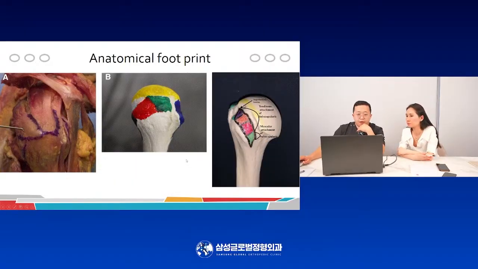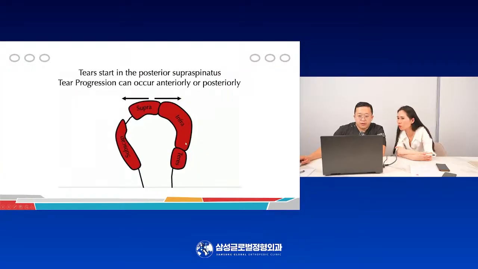So if you have some muscular weakness, a doctor worries about your tendon state, okay? As we see, there is a lot of color covering the humeral head. This is the full footprint of the rotator cuff tendon, okay? So in this way, this is subscap and supra, infra, teres minor.